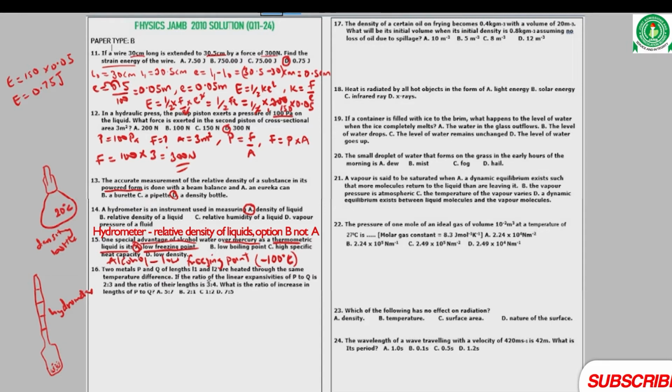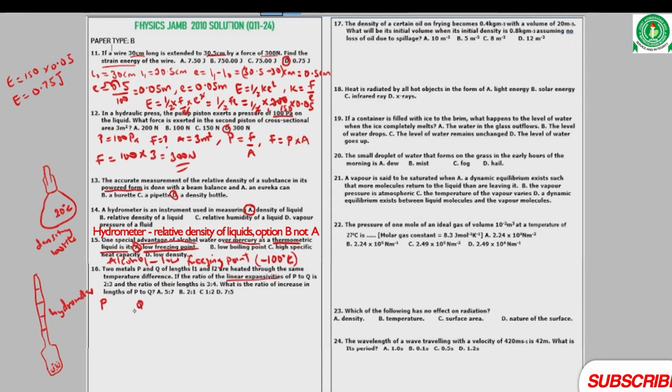If the ratio of the linear expansivity of P to Q is 2:3 and the ratio of the length is 3:4, what is the ratio of increase in length? We are given 2 metres, P and Q.